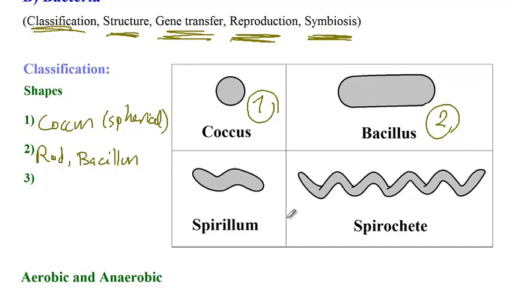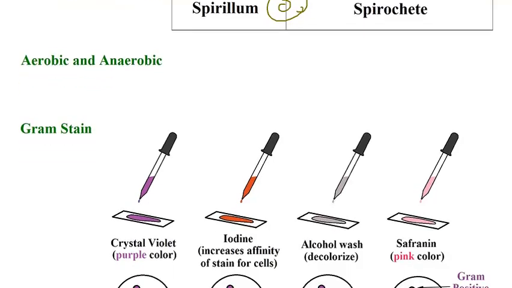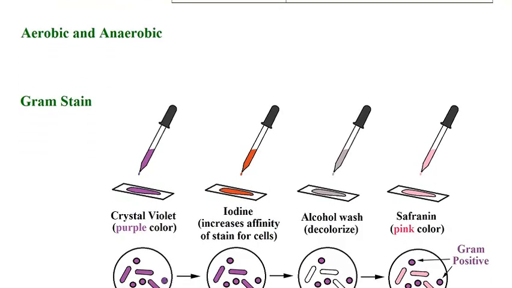And then finally, the third one, which is these two that are shown right here, is spiral shaped, which could be in the form of a spirochete, which is very long and flexible, or it could be in the form of a spirillum, which is short and rigid. So the next form is spiral shaped.